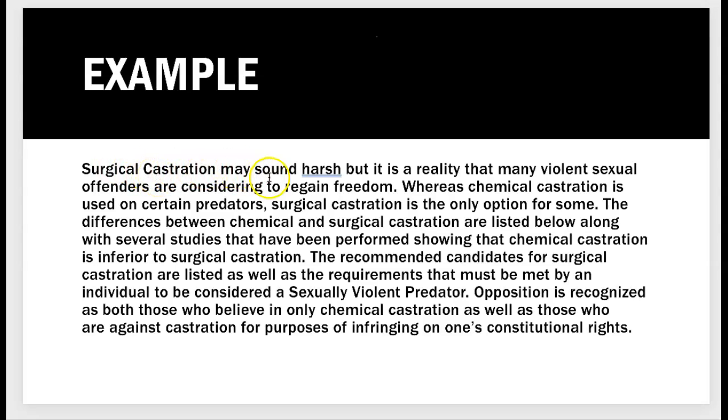So she talks about the topic of her paper, the controversial issues of the difference between chemical and surgical castration. And then she goes on to talk about the different things that she outlines in her paper about the recommended candidates and requirements that must be met.